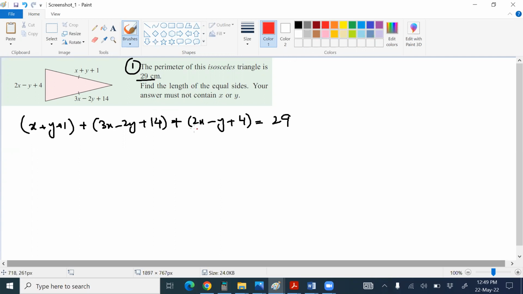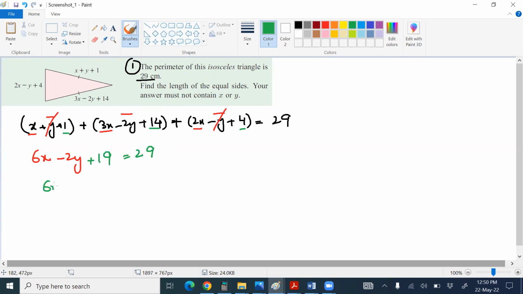Now collecting all the x terms, we have 2x, 3x, and 1x, a total of 6x. Then 1y, negative 2y, and negative y. You just think of it as cancellation of y and negative y. We're left with negative 2y, and then the constants are 1, 14, and 4, making it a total of 19, and that equals 29.